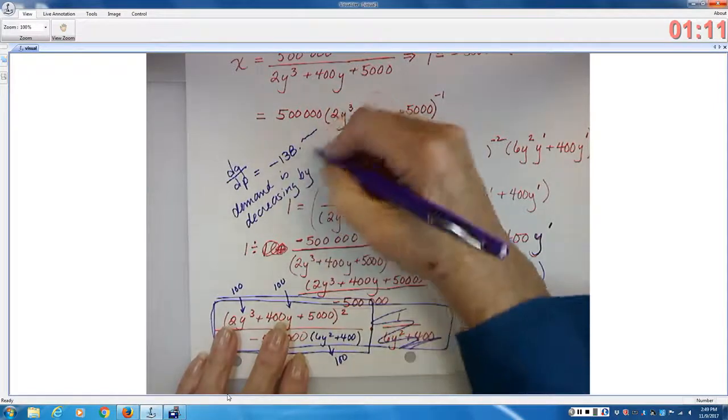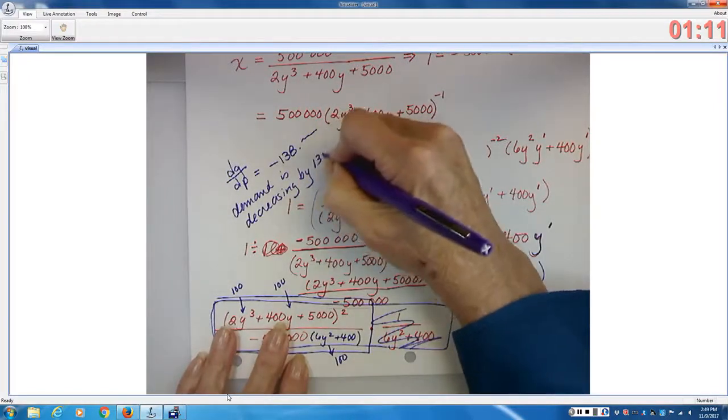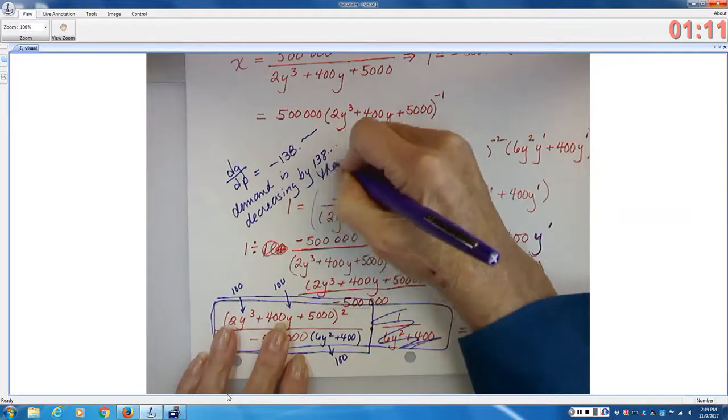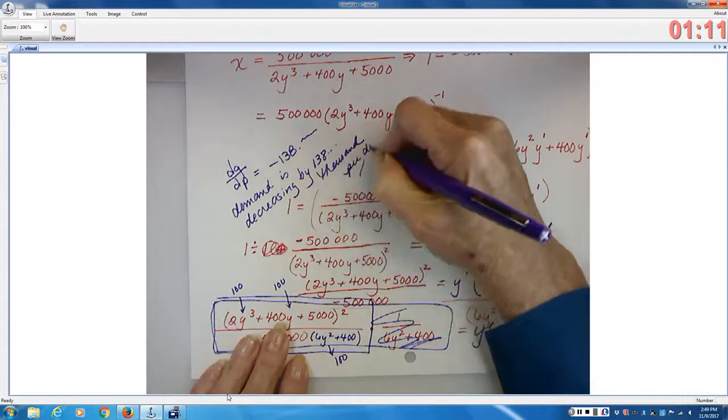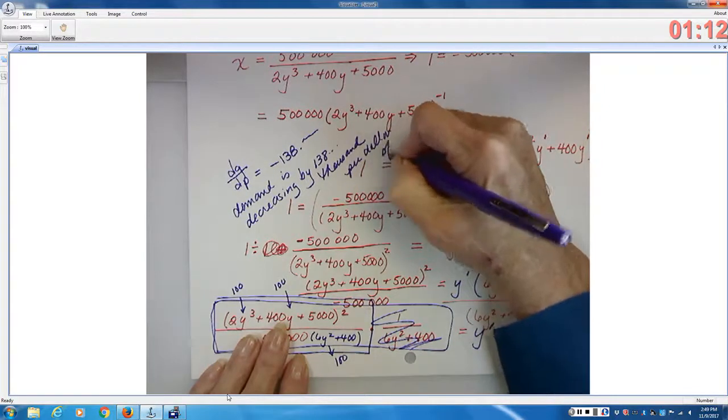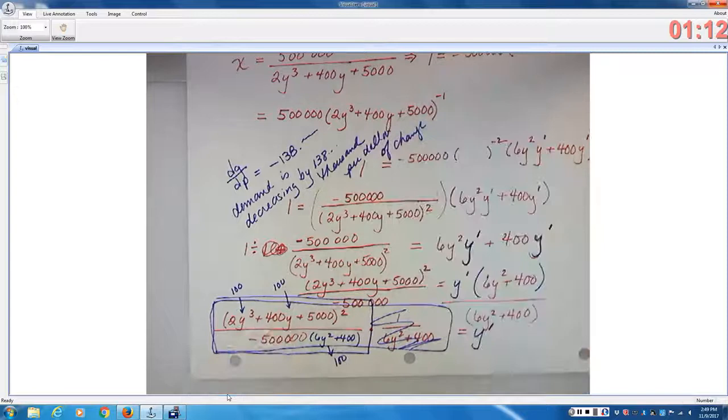I think it would round to 139. So when the demand is 10,000, then the demand is decreasing at the rate of, let's say, about 139,000 units per dollar change in price. Okay?